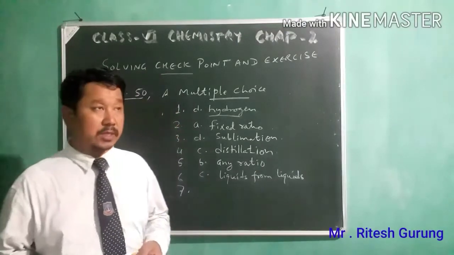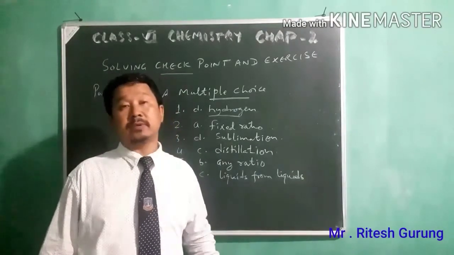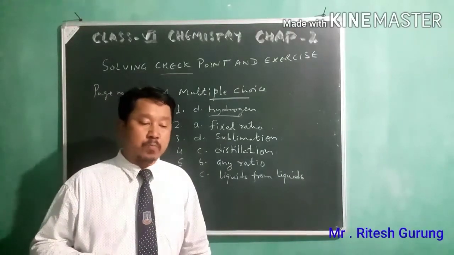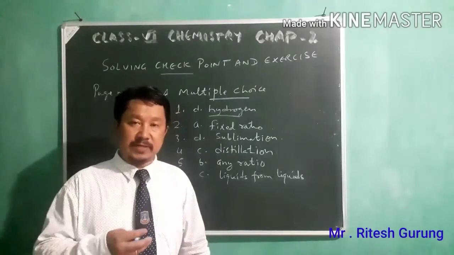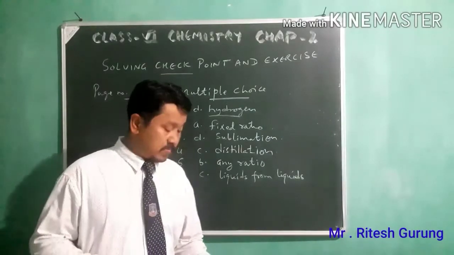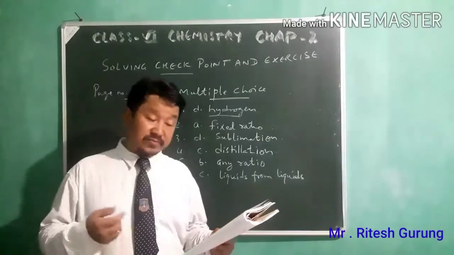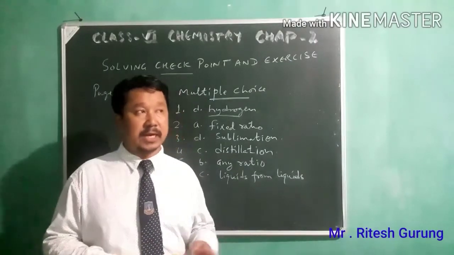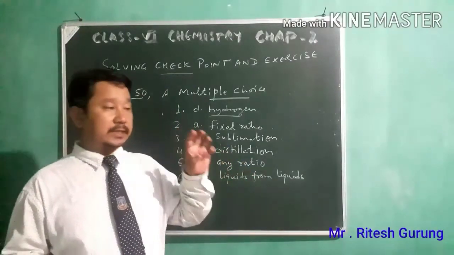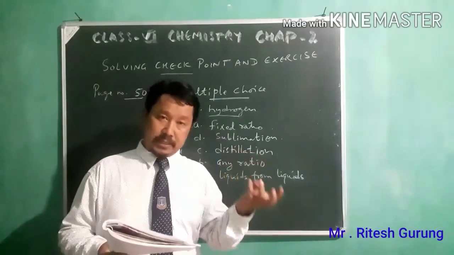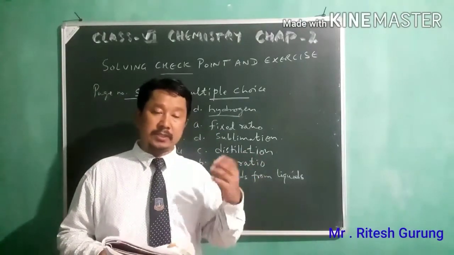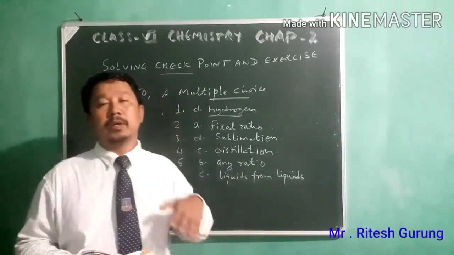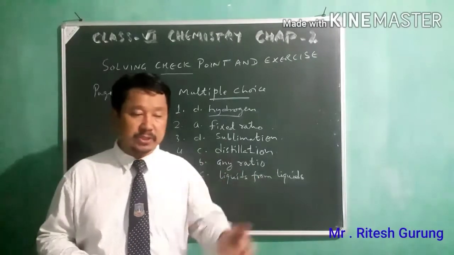What could be the answer? In the filtration method of separating the substances in a mixture, when something is filtered, something remains in the filter paper itself, and something seeps through the paper. That method is called filtration.